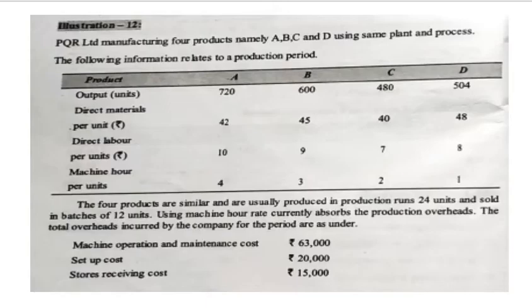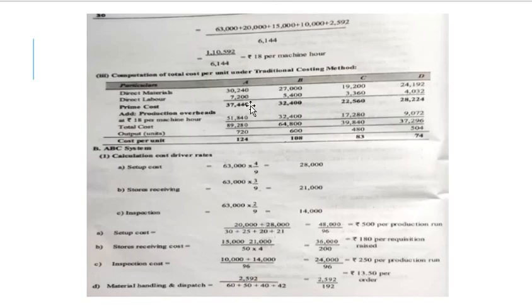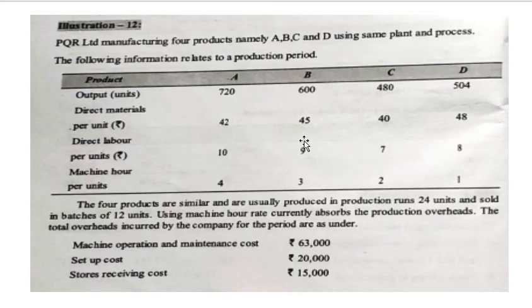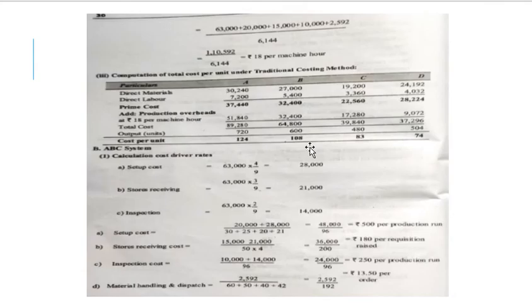Then for direct labor, the direct labor per unit rupees is 10, 9, 7 and 8. So for 1 unit it is 10 rupees. How many units are being produced? 720 units. So 720 into 10, which will give you 7,200. Next, for B, 600 into 9, which will give you 5,400.